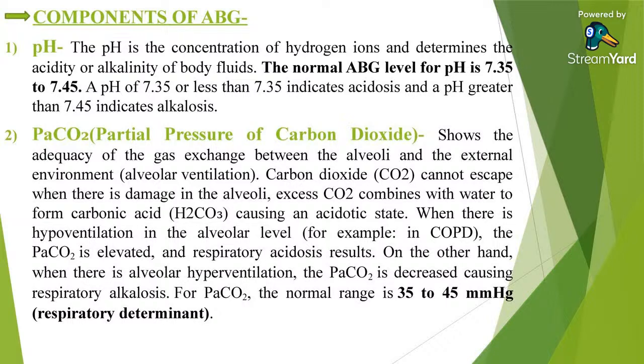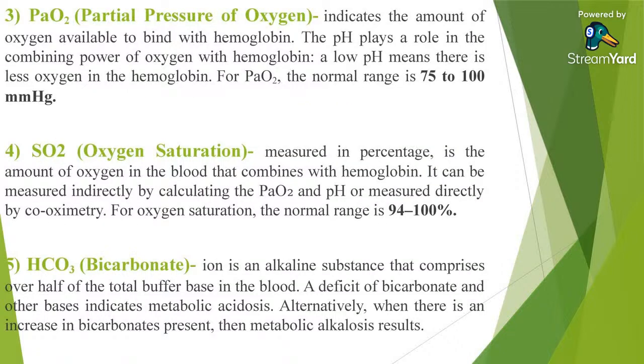When there is hypoventilation at the alveolar level, like in COPD, the partial pressure of carbon dioxide is elevated and respiratory acidosis results. On the other hand, when there is alveolar hyperventilation, the partial pressure of carbon dioxide is decreased, which causes respiratory alkalosis. For partial pressure of carbon dioxide, the normal range is 35 to 45 mm of Hg, and it is respiratory dominant.